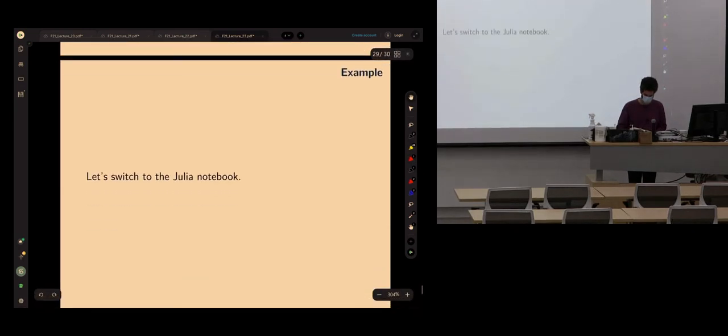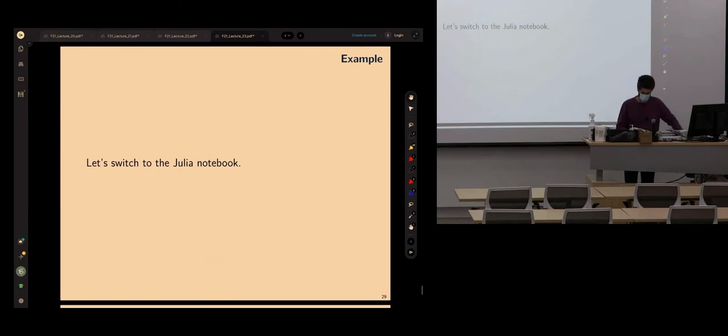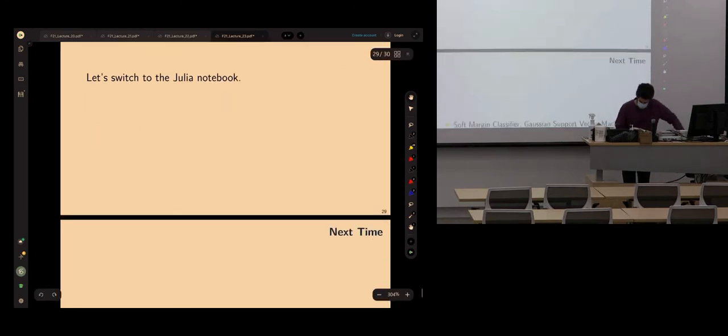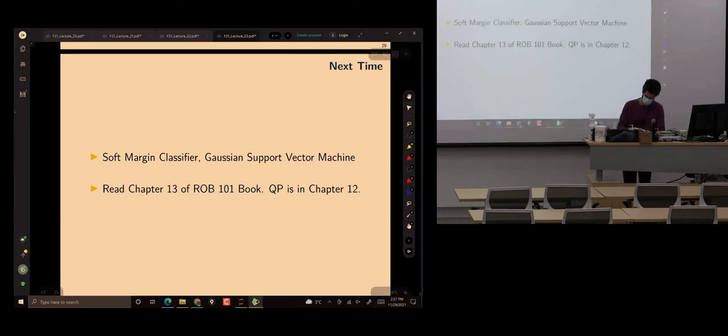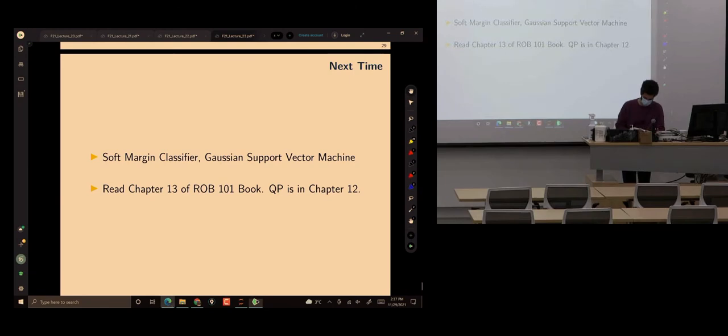Okay, now let's go to the code. Next time we're going to talk about the soft margin classifier and Gaussian support vector machine, which is an extension of what we talked about today.